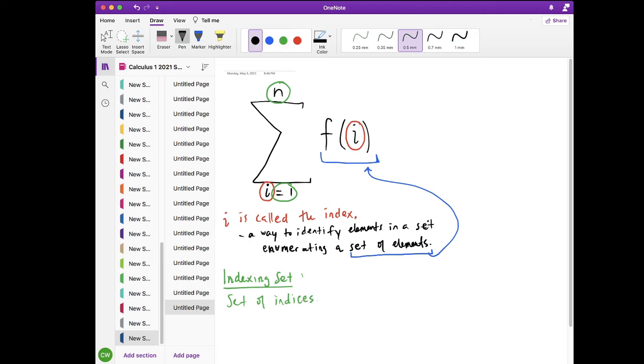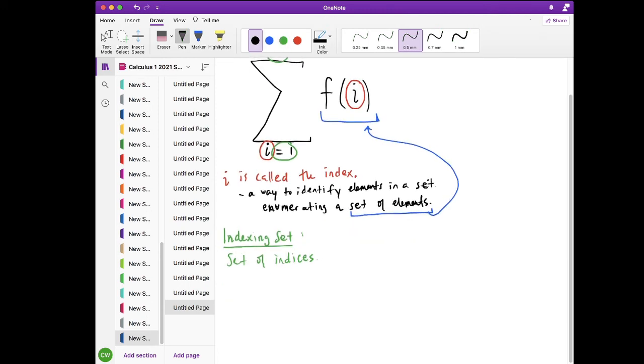So it's just how many indices you have, how many elements in the set there are, and how the indices are enumerating them.